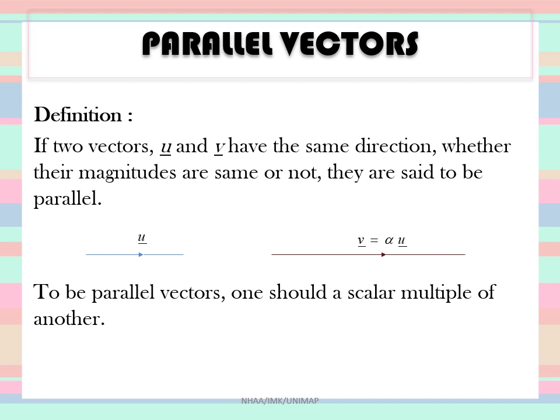Do you understand this? For example, if you have vector u in that direction, and you have vector v which is this long but still in the right direction, similar to u, you can declare that these two vectors are parallel.